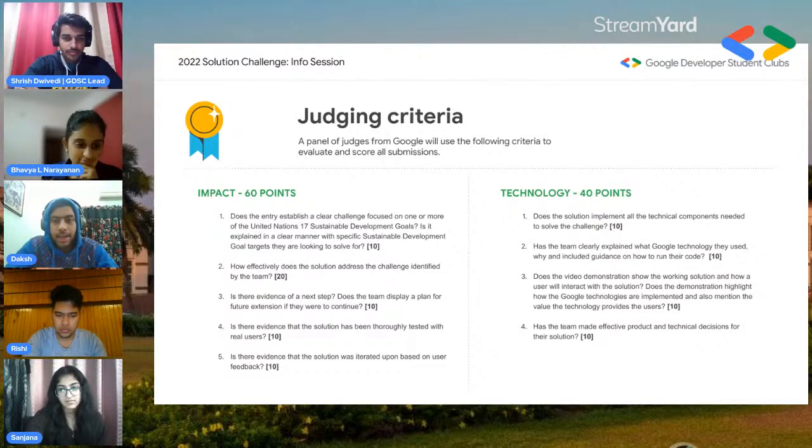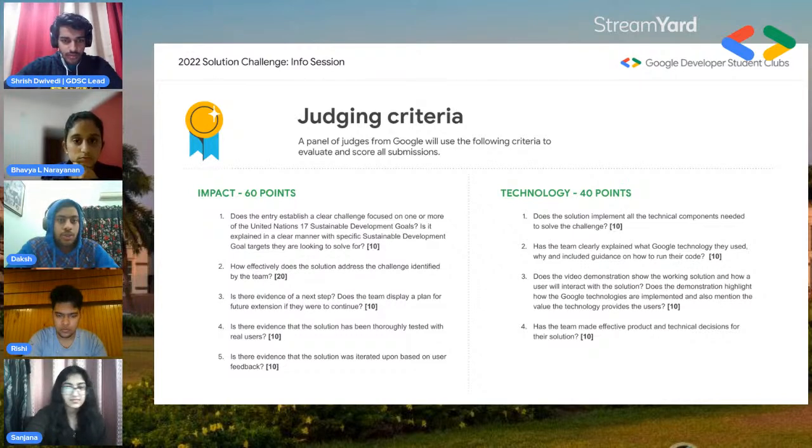On the technology front, they will see whether all the technical components that are needed are implemented, and whether the team has clearly explained what Google technology they use. Does the video demonstration show a working solution, or is there some problem with the solution? And next we go to the timeline.